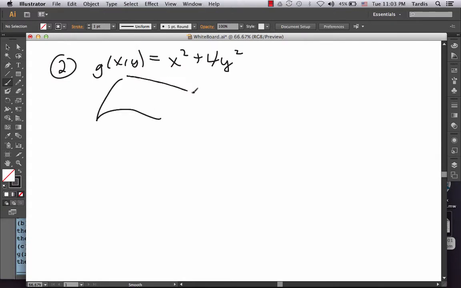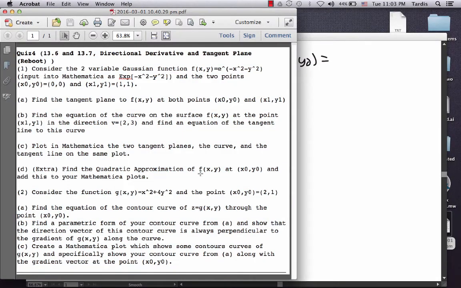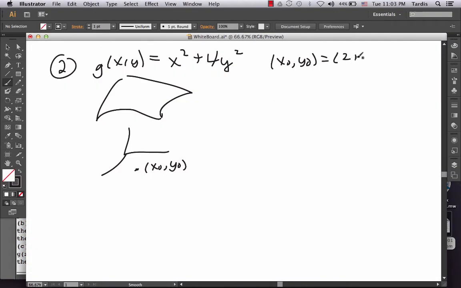Now we know that's some kind of surface. They gave us a point x naught, y naught, which was 2, 1. And we want to find some sort of level curve on here.